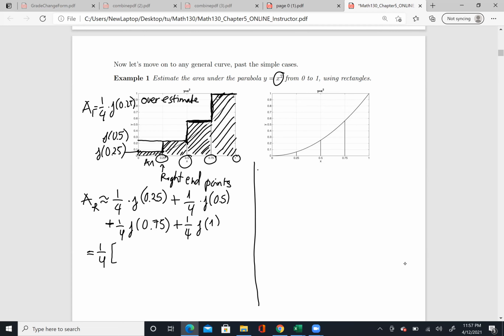So how can we find the area for the left endpoint? The first one is 1/4 as the base multiplied by f of 0, right? And plus 1/4 as a base multiplied by f of the left endpoint, which is 0.25.